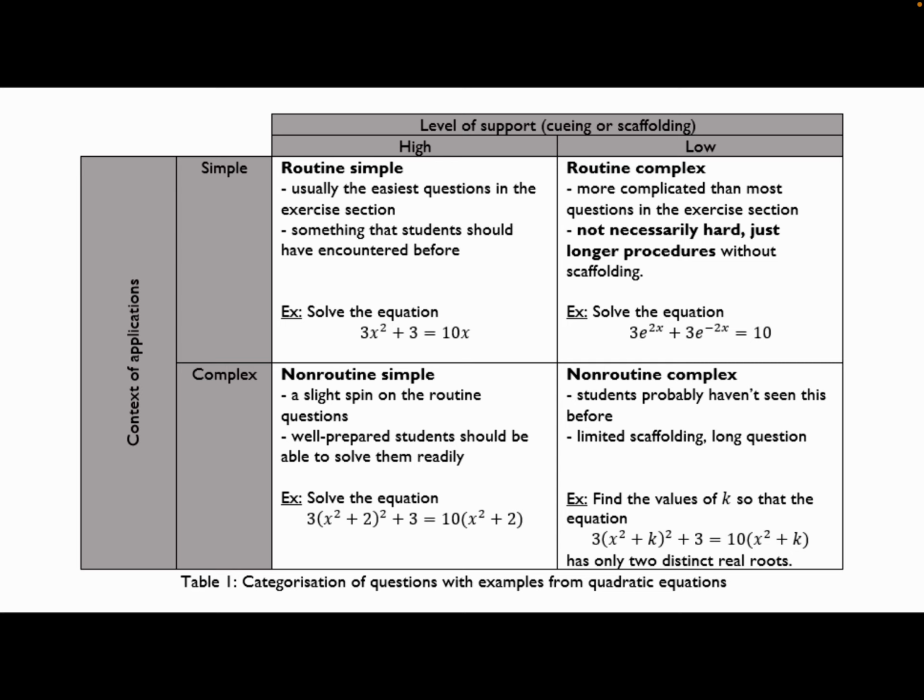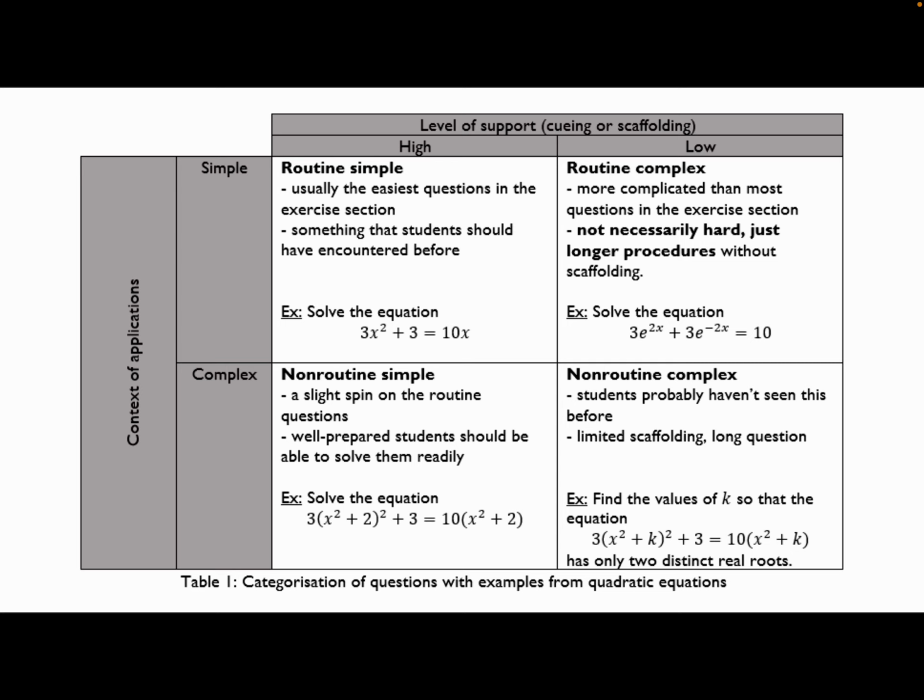But how about we use the dummy variable? Et voila. So if we let x squared plus 2 equals t, now you get an equation that's similar to the one in the routine simple box, right? The difference is that students have not seen this before, and you do not give them a cue as to what to do.